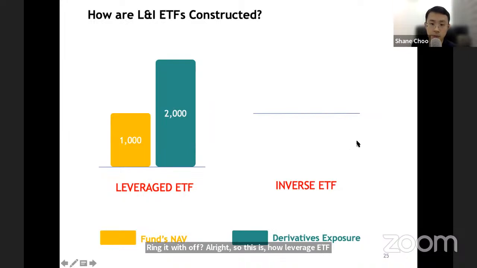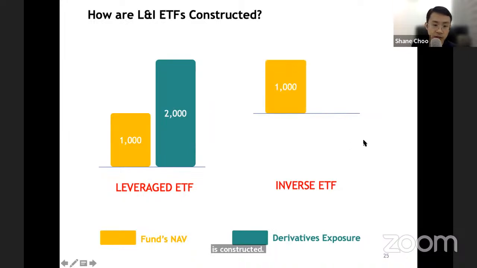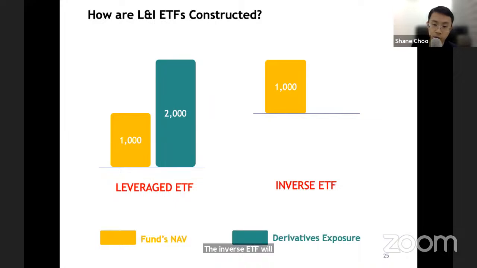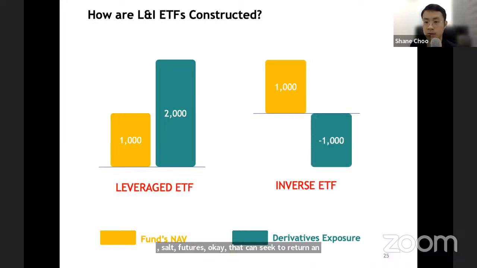On the contrary, for an inverse ETF, let's say the fund has an NAV of 1,000 ringgit. The inverse ETF will seek to buy into derivatives, be it swaps or futures, that seek to return an inverse return of the index performance.